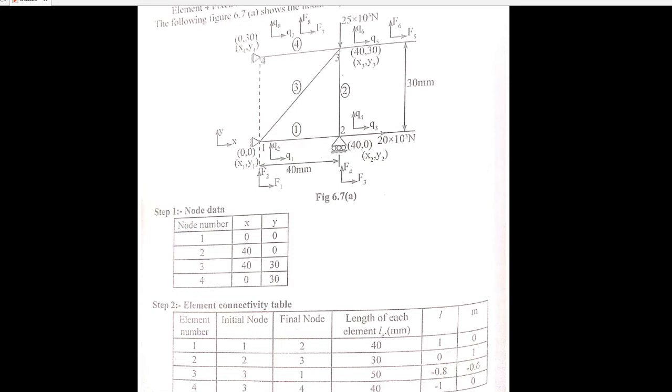Got it? K3? Yes, sir. How much? Intaj? Yes, sir. Tell me quickly.